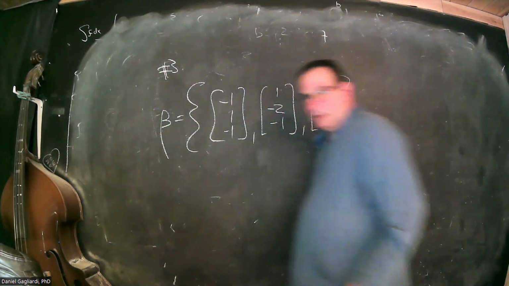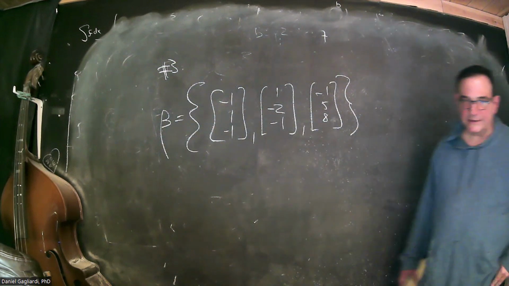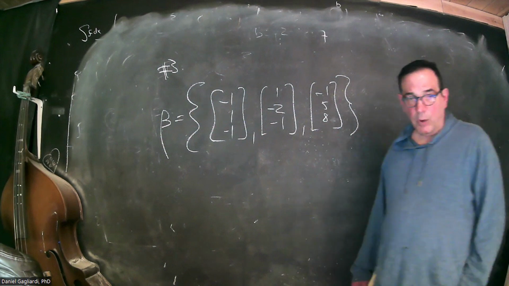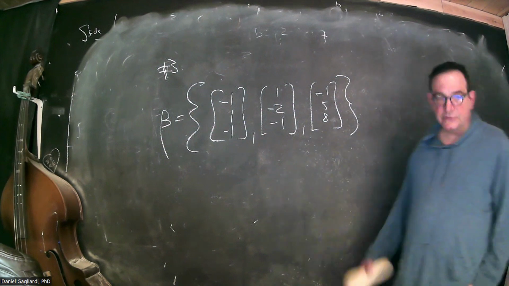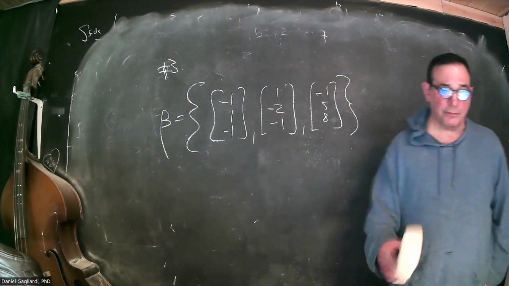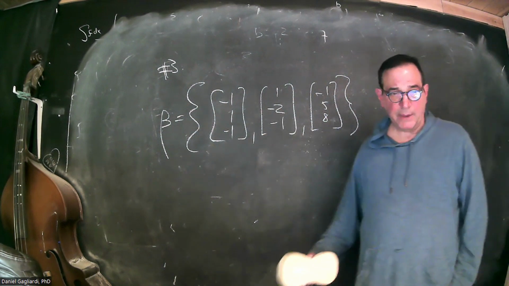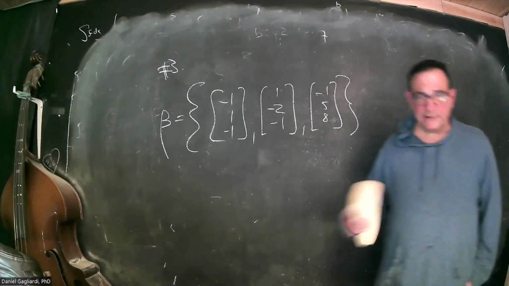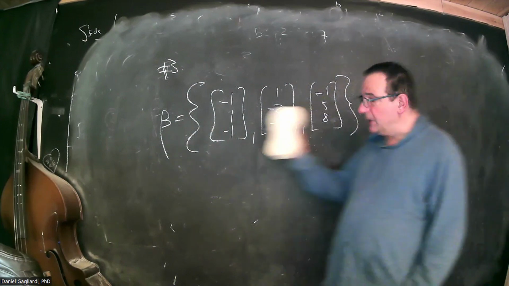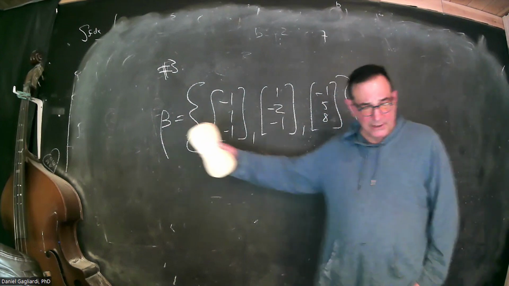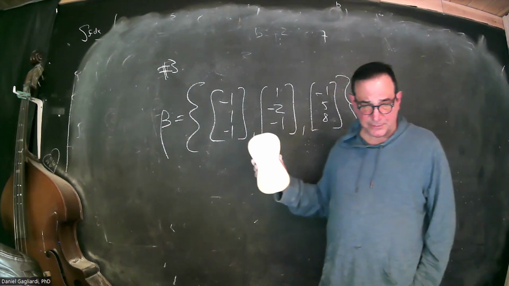So we want to know if this set of vectors is a basis for R3. Well, if we use the definition, we'd have to show that these three vectors span R3 and that they're linearly independent. However, we can use a shortcut. If we have three vectors with three components, that means we have three vectors in three-dimensional space.